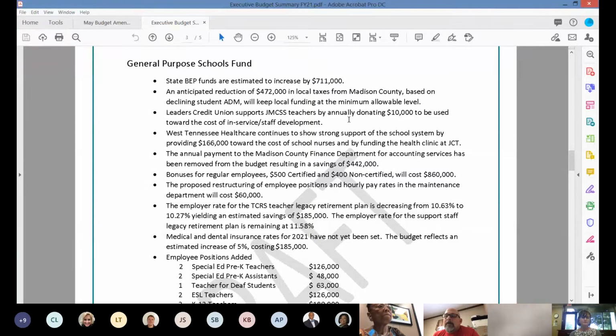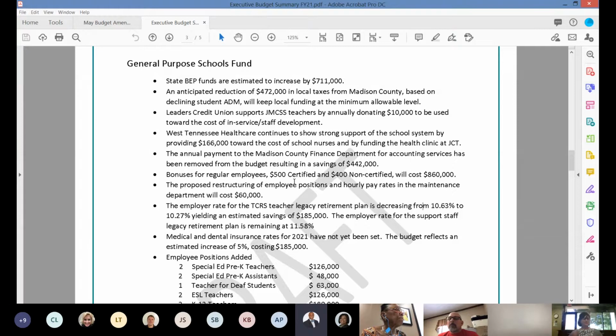Times 118 gives you that number. Okay. And you agree with those numbers that we have declined? I know that ADM is kind of a moving target, but you agree, right? Yeah, that's what it shows. That's the number that it shows. So that's what we have to work off for right now. All right. 118 is the number.